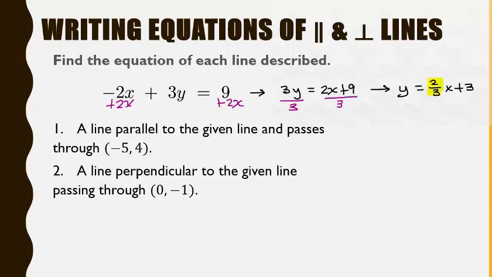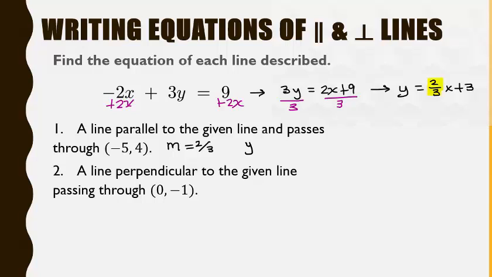For number 1, if I'm writing an equation of a line parallel to the given line, parallel lines have the same slope, so this new equation will also have a slope of 2/3. We're given a point (-5, 4), which is not the y-intercept.